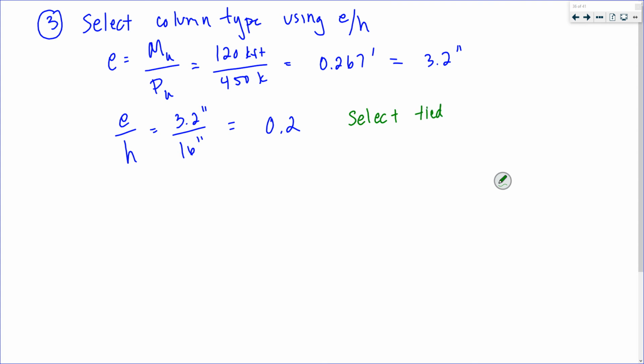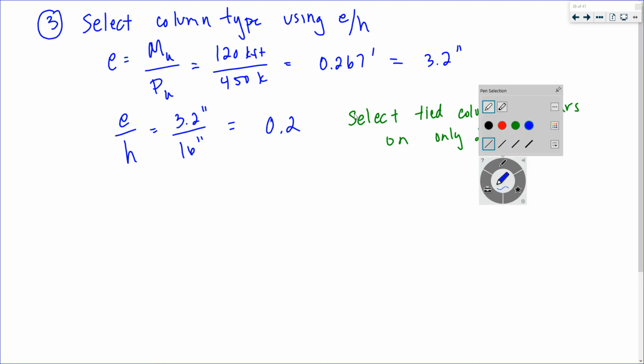Okay, tied column with bars on only 2 faces. Slenderness said to neglect it.